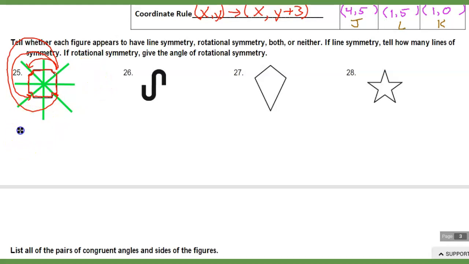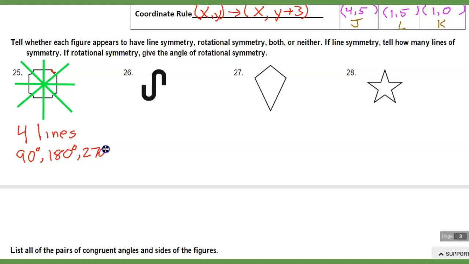So we have 4 lines of symmetry, and then we have rotational symmetry of 90, 180, and 270.